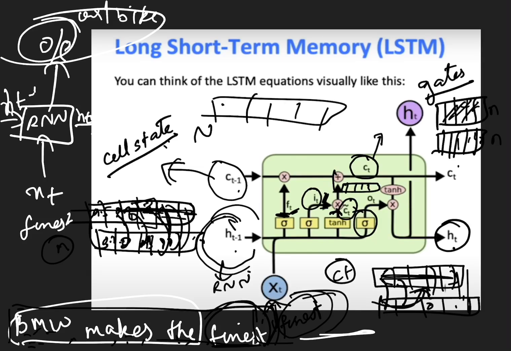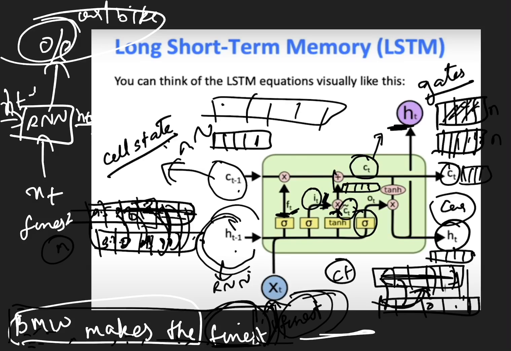This ht vector is again an n-dimensional vector. All vectors are of the same size n. It will represent, say, a car. Let's assume it's a car. So ht will represent the car, and my cell state will contain all the condensed information. Ct will represent BMW makes the finest.